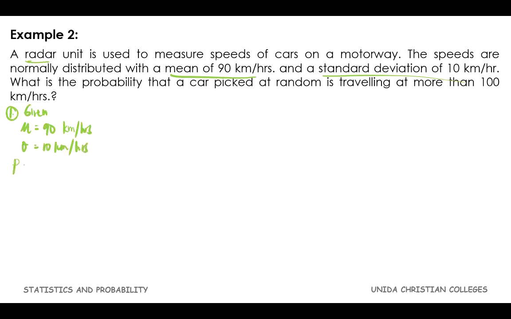At yung nahanap natin is yung probability na yung car na mapick ng random, which is denoted by X, more than 100 km per hour. Ilan kaya yung probability o yung area nun? Ngayon, our X score is 100. Okay? Next. We are going to draw the normal distribution. Okay?